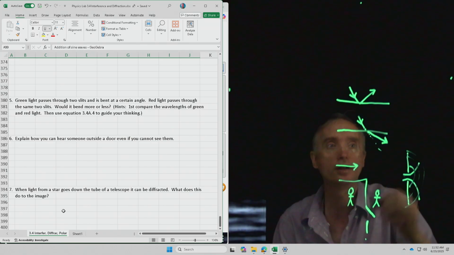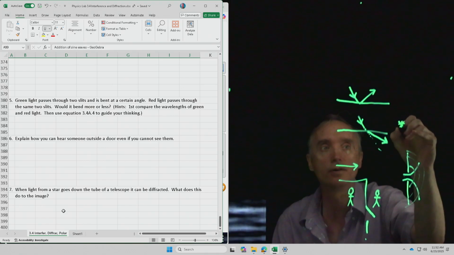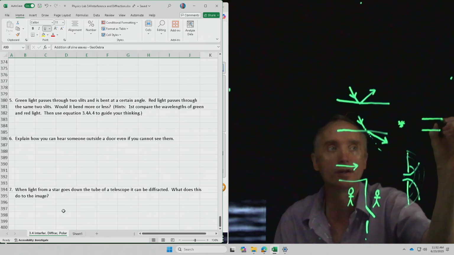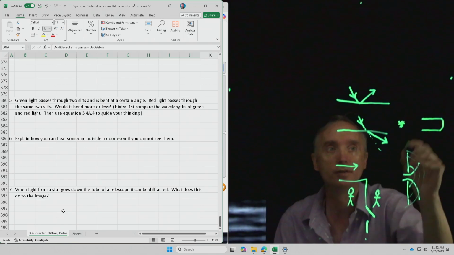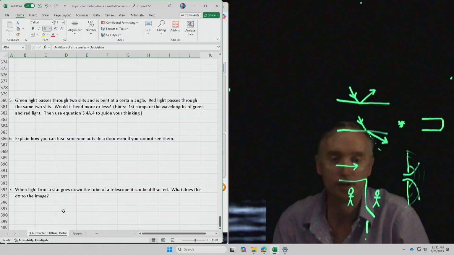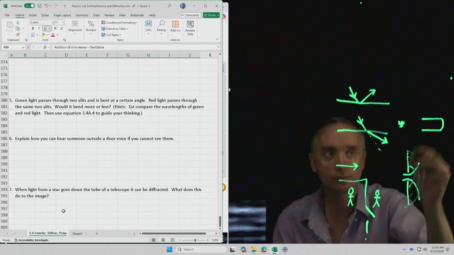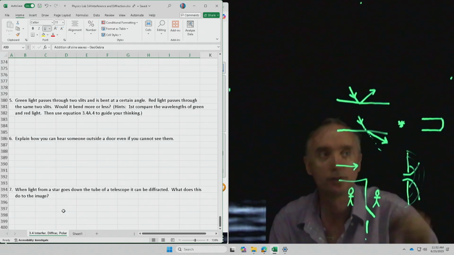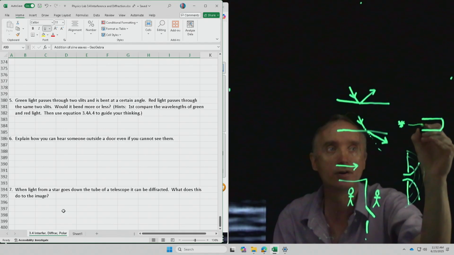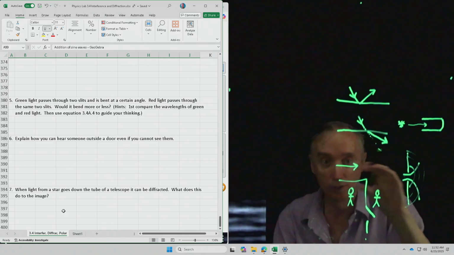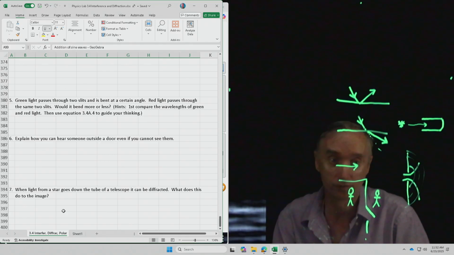So what we're talking about here is, here's a star, and then a telescope has a barrel like this, and then normally it's got a mirror in the back of it, and then the light from the star reflects off this mirror, and then it goes to a place where you got the lenses so that you can see the star. But because this is a tube, it's like a slit, so that when light from the star goes into this tube, it's going to be diffracted, just like light when it went through a single slit was diffracted.